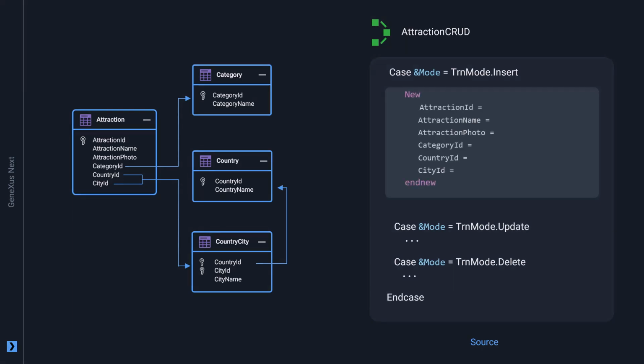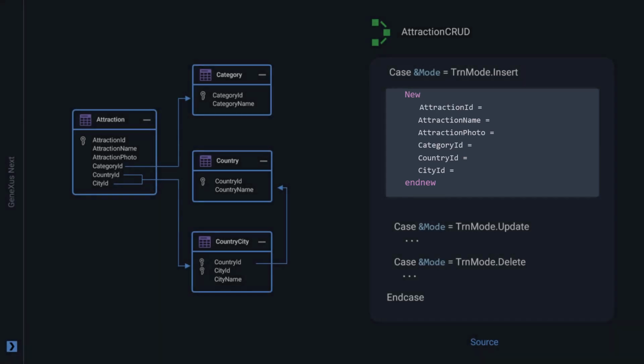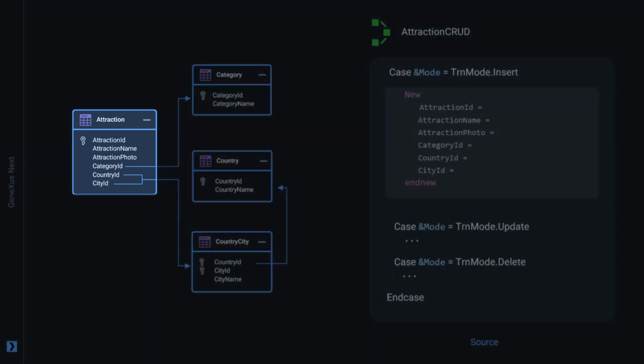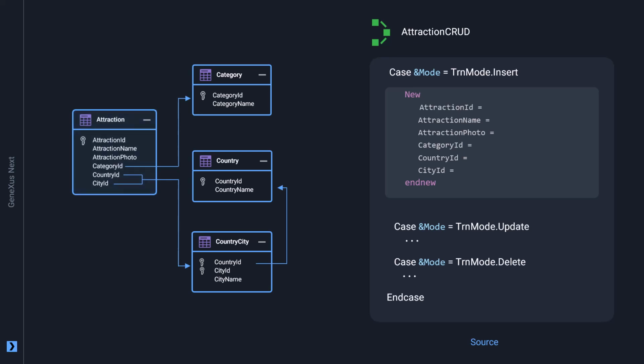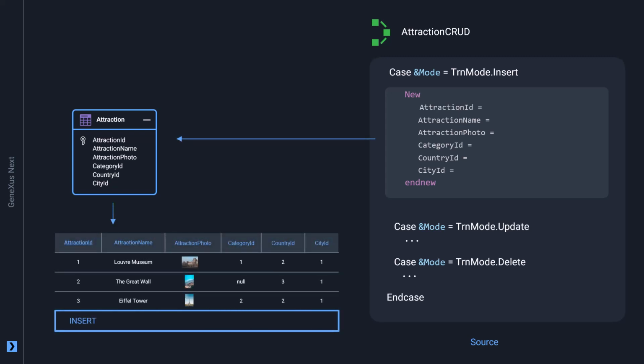This is done using the new command, assigning values to the attributes of the table where we want to insert the record. Since the table only has these attributes, we must assign values to them for the record to be inserted. Category name, country name, and city name do not belong to this table. The new command will ask the DBMS to insert a new record on the table inferred from these attributes.